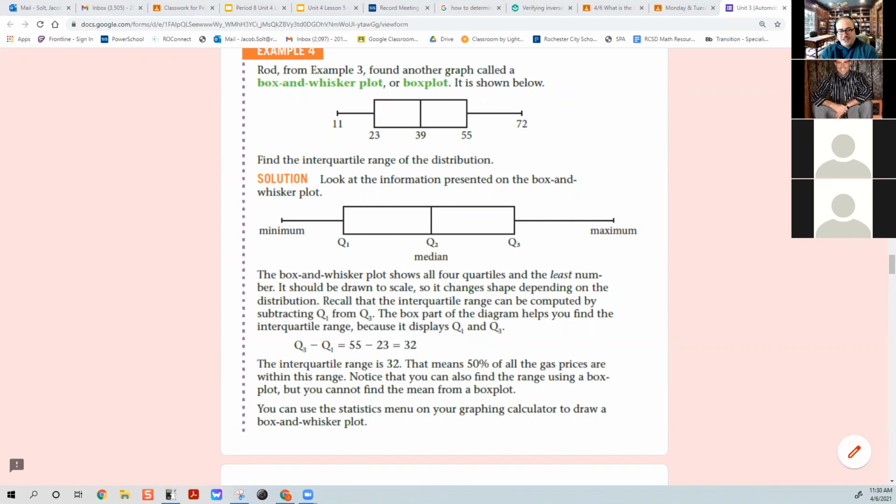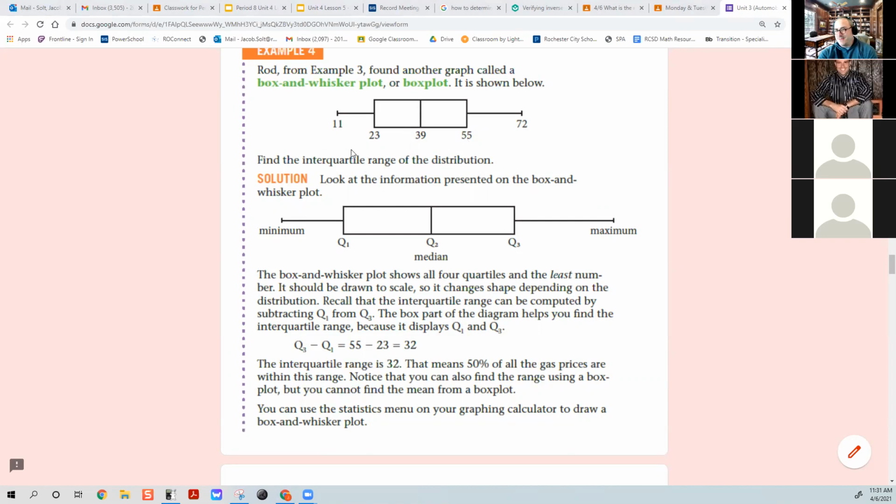What percentage of gas stations had 55 or fewer price changes throughout the year? All right, so nobody is hitting me up in the chat.